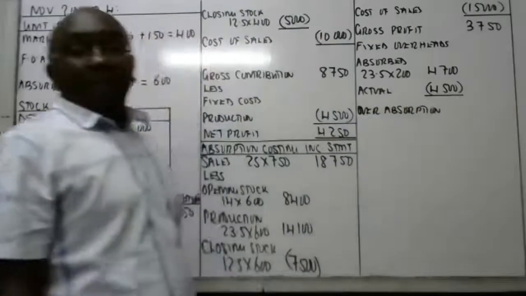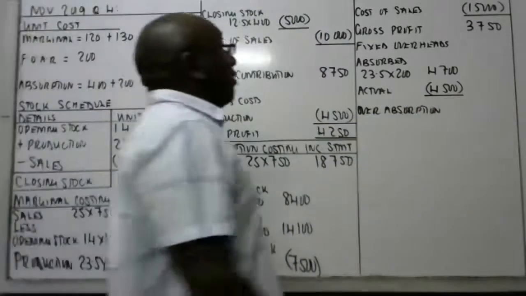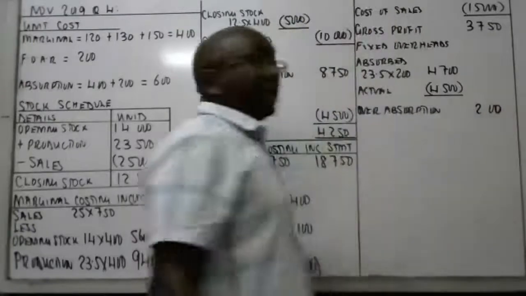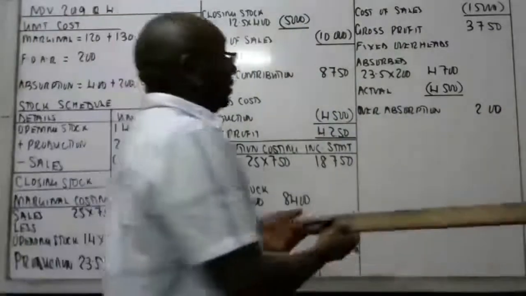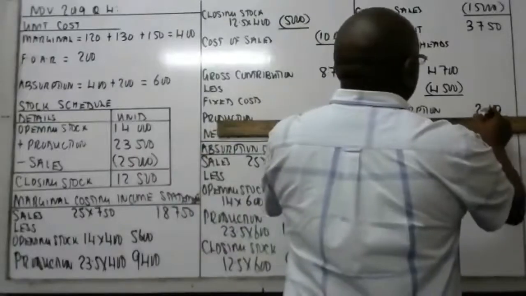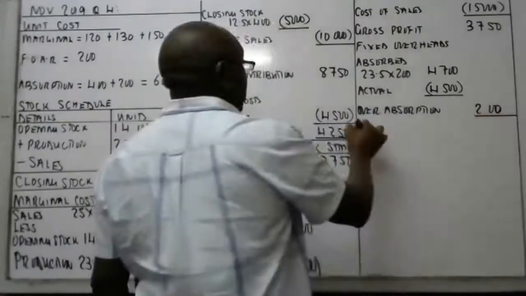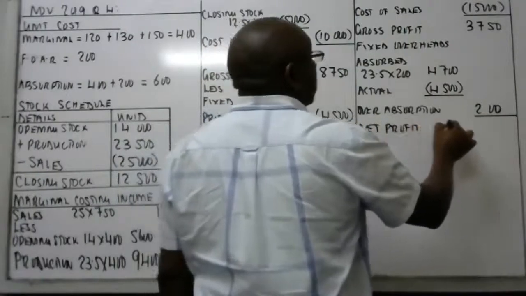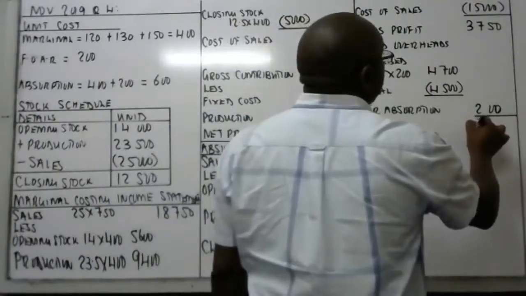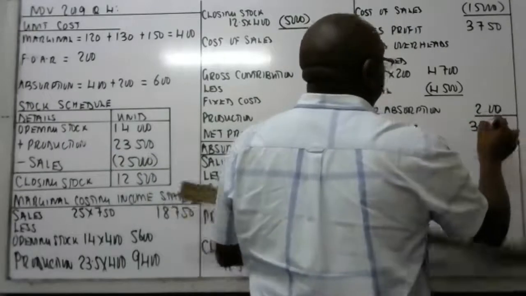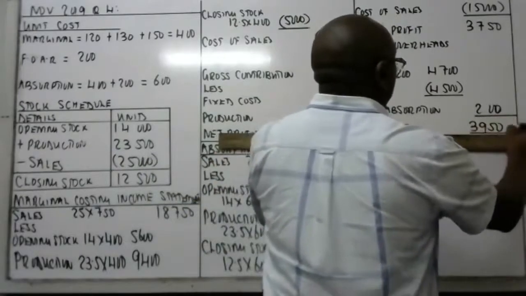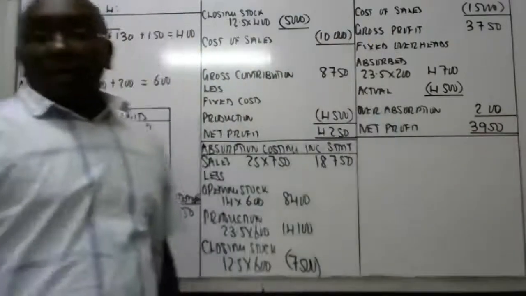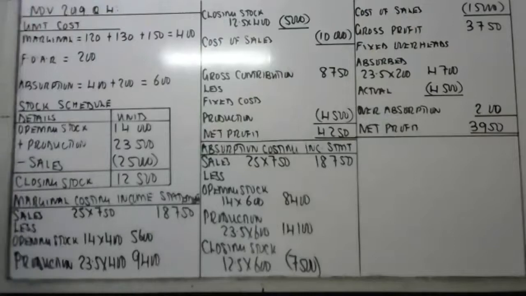Over absorption of 200. And over is supposed to be added. So based on that, we have net profit of, is that 950? The net profit is that 950.